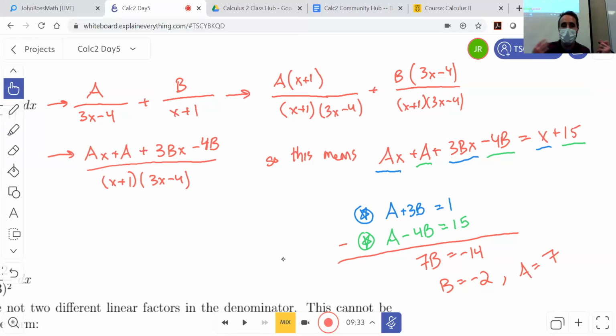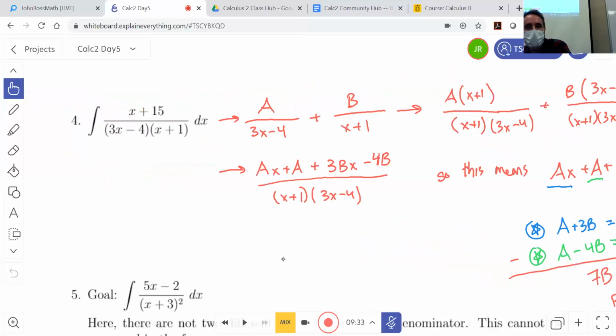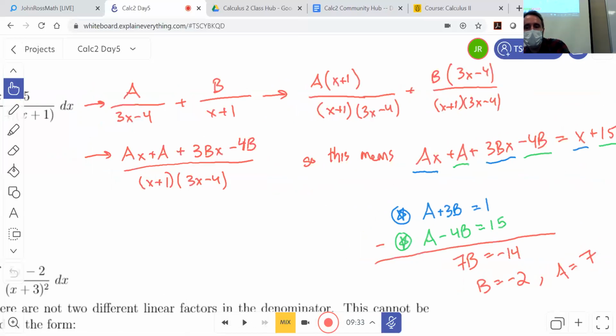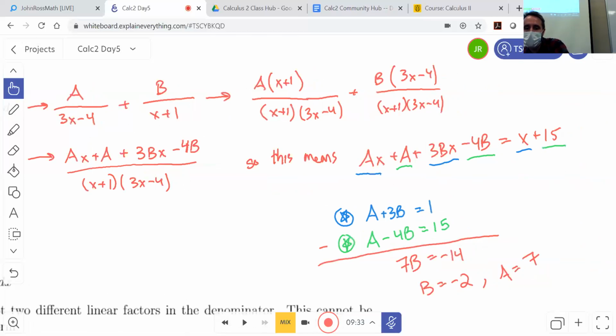So at this point, we do this process of we split it up into the two partial fractions, we recombine it to see what the new numerator will look like, and now this new numerator must secretly equal the old numerator from before, right? Because these are supposed to represent the same expression. So that new numerator involving a's and b's should equal x plus 15.